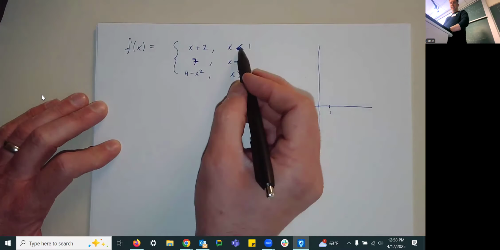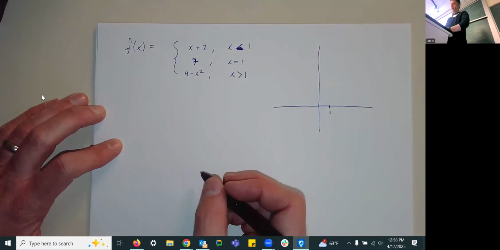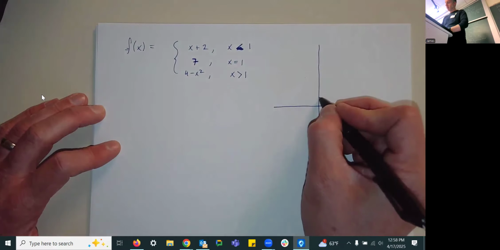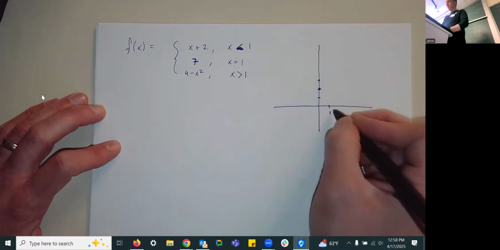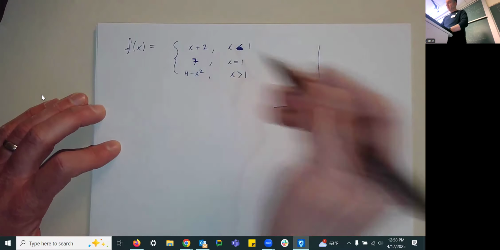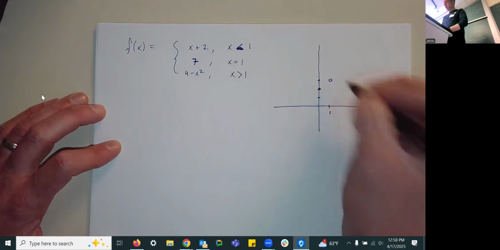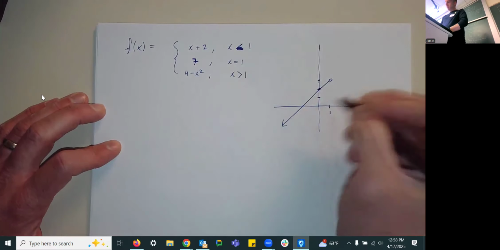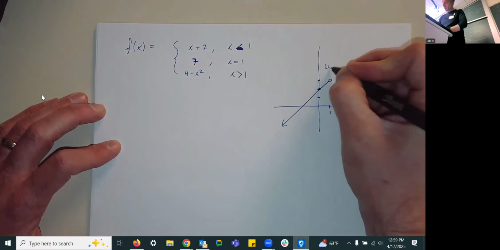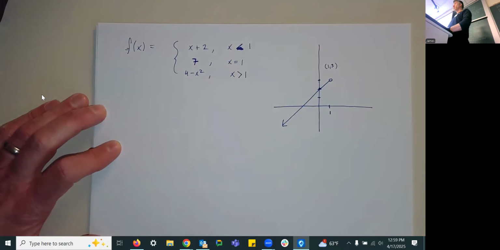When x is less than 1, the graph is going to look like y equals x plus 2, which is just a straight line with a y-intercept at 2. If we plugged in 1, 1 plus 2 would be 3, and we would get the point (1, 3). I usually like to label those holes.